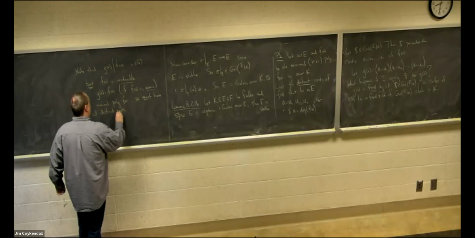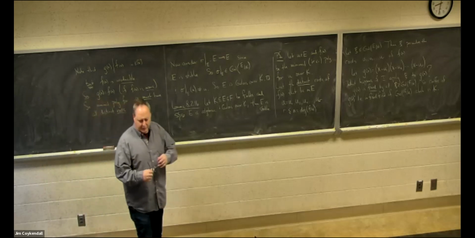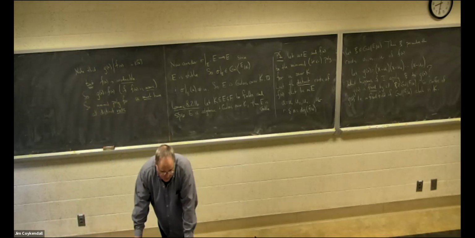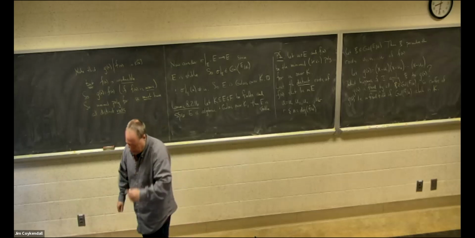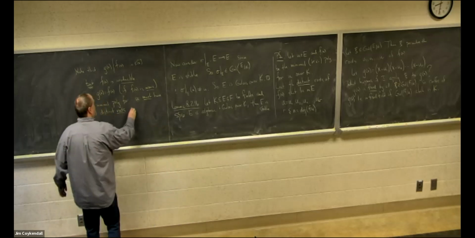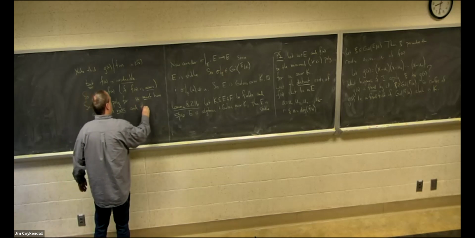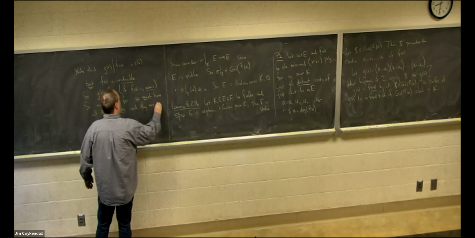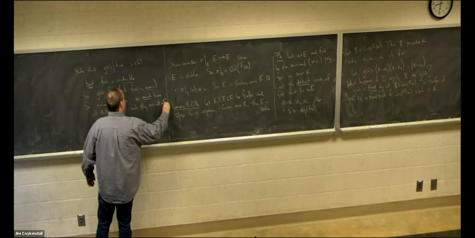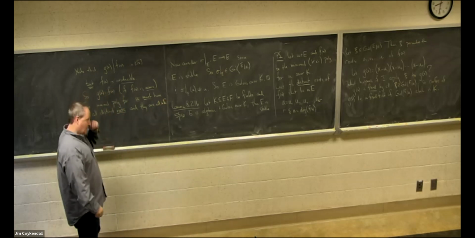This is an incredibly important observation, that in this Galois case the minimal polynomial for u must actually have all distinct roots, and they are all in E. Right?